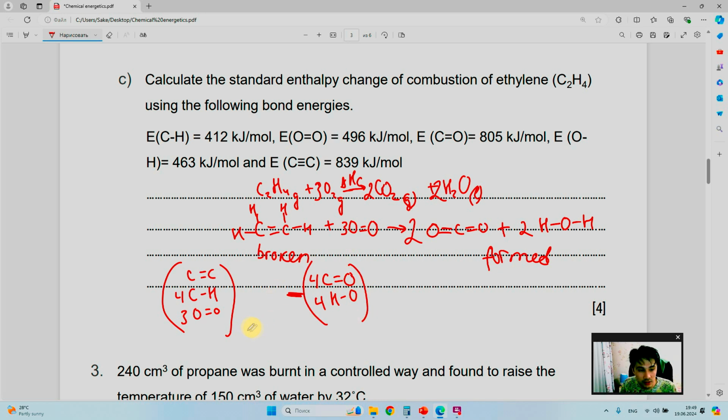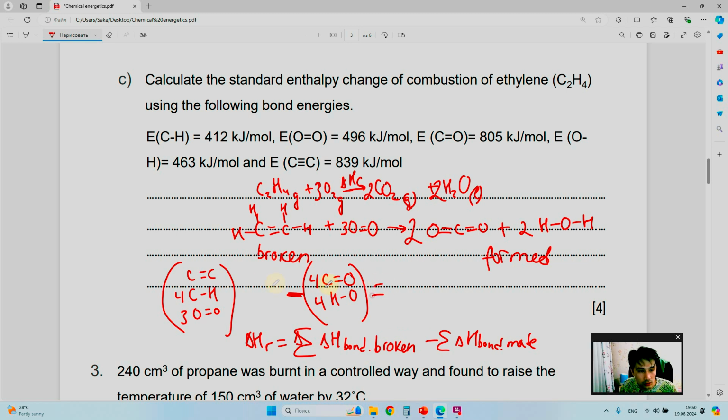So simply, the enthalpy change of any reaction can be calculated as the sum of enthalpy changes of bonds broken minus the sum of enthalpy changes of bonds made or formed.